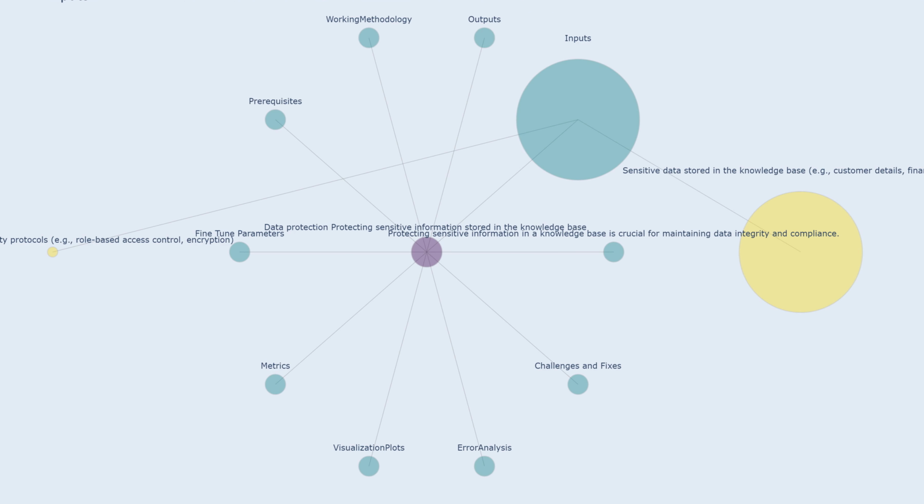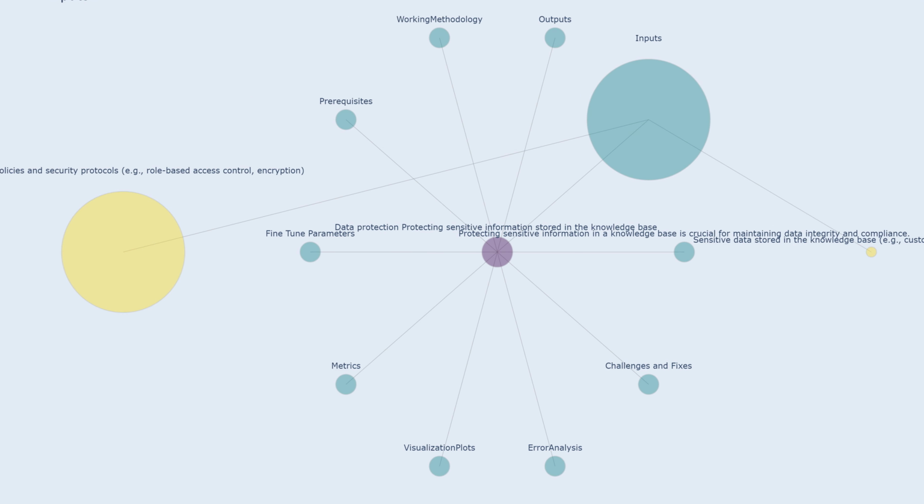Sensitive data stored within a knowledge base, including information such as customer details, financial records, proprietary business data, and confidential research findings. For example, this might involve storing personally identifiable information like names, addresses, and social security numbers for customer relationship management (CRM) purposes.